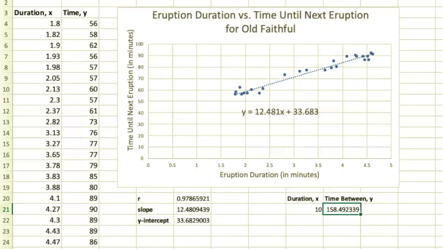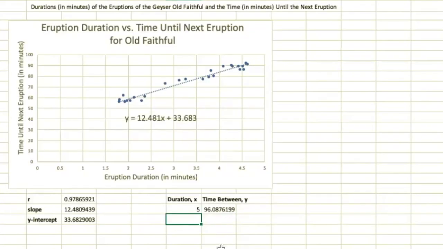I can predict that if there was a 10-minute eruption, what the length of time between would be. But again, that x value should not be considered because it's not close in proximity to the original data set. So this is how you're going to use Excel to be able to make predictions based on a line of best fit.